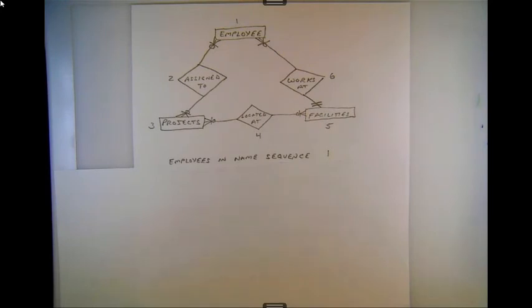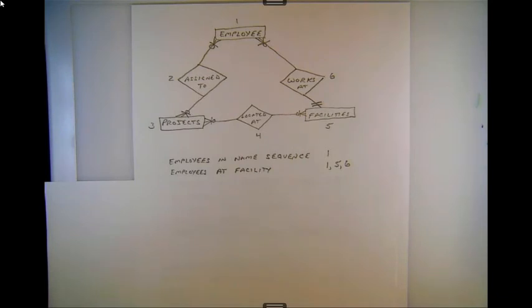Okay, so then we go to the next one, and give me the names of the employees at a given facility. Okay, so in this one, I need facilities, because I have to know the data about the facilities, but facilities only gives me facilities by itself. And employees only give me employees by itself, so I also need the relationship to tell me what employee is at what facility.